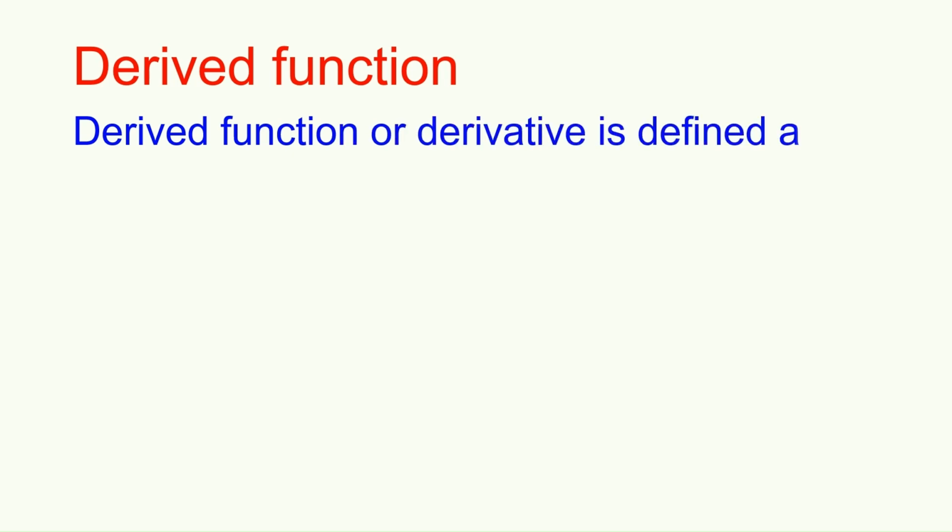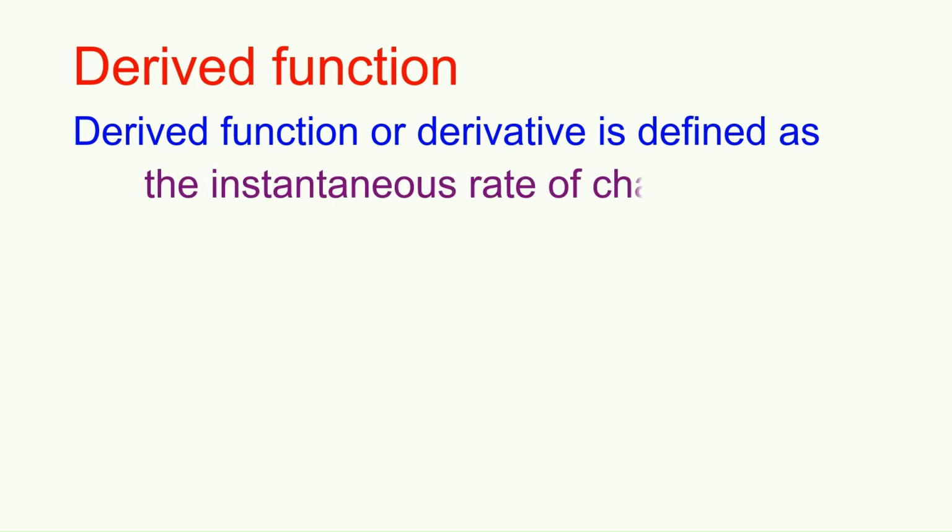Derived function. Let us define derived function. Derived function or derivative is defined as the instantaneous rate of change.